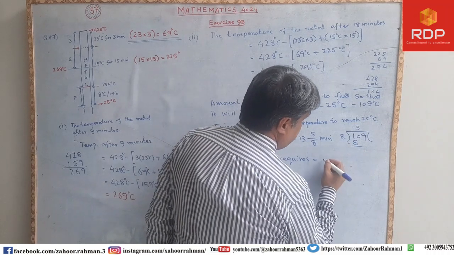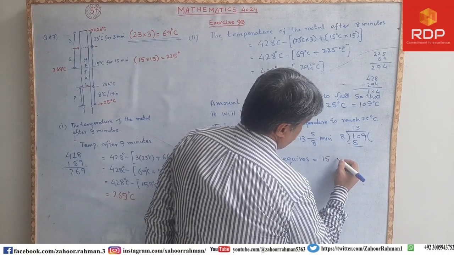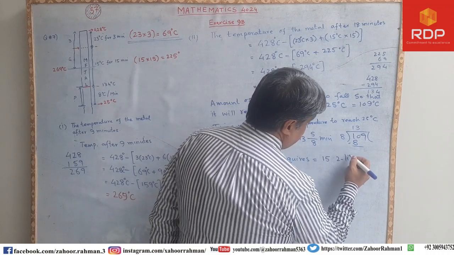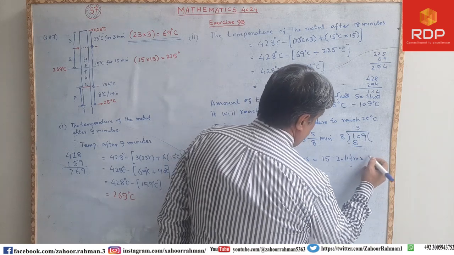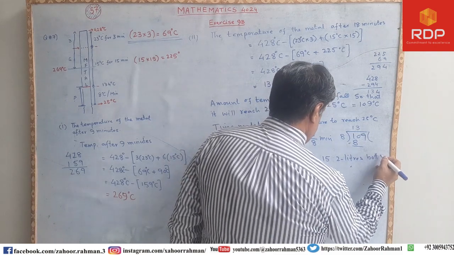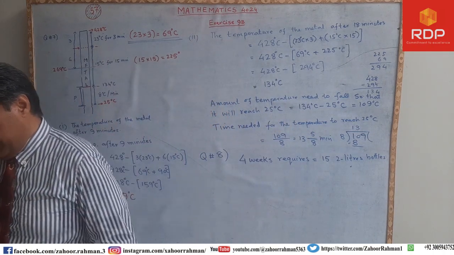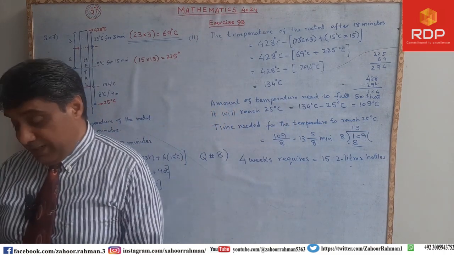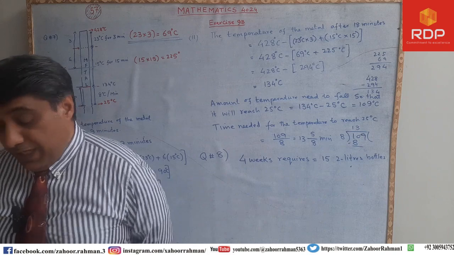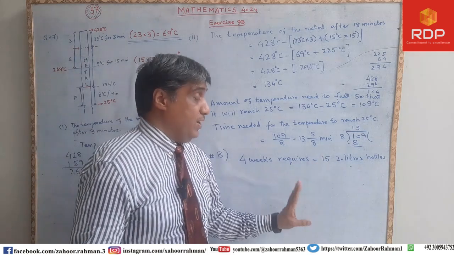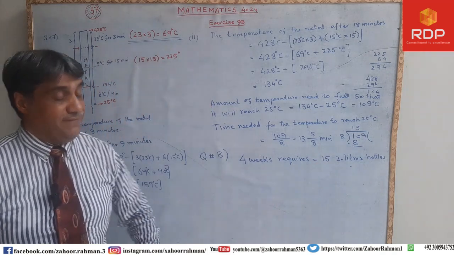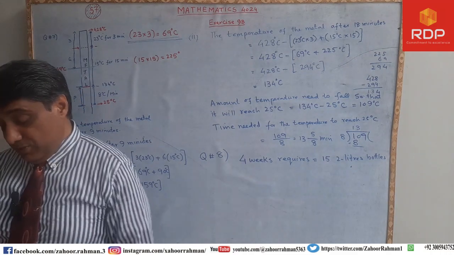We are writing 15 2-liter bottles. All right. We have to find for 1 week, so we have to divide this 15. We will find for 1 week first, and then we will find the remaining question.